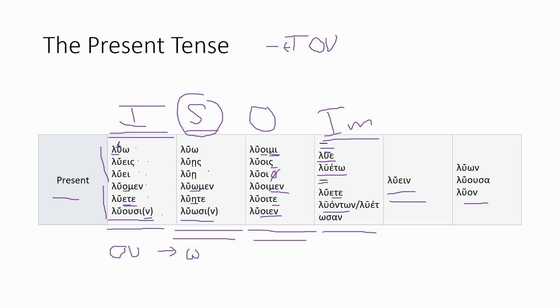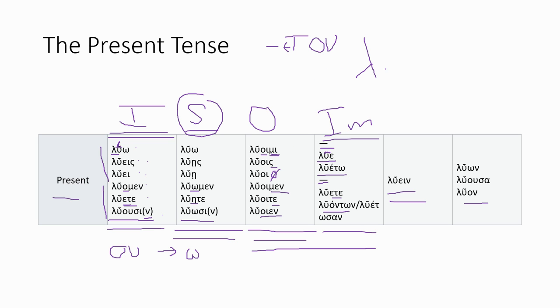For the subjunctive, you'll lengthen the vowel. Lieton. For the optative, I think we'll talk about the optative and the imperative dual a little bit later. No, we can talk about it now, actually.